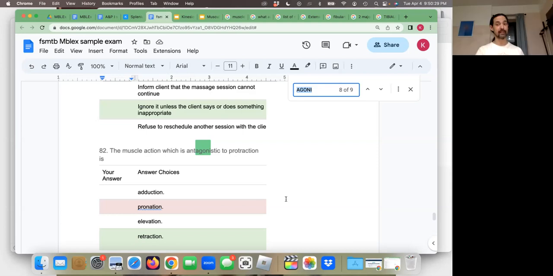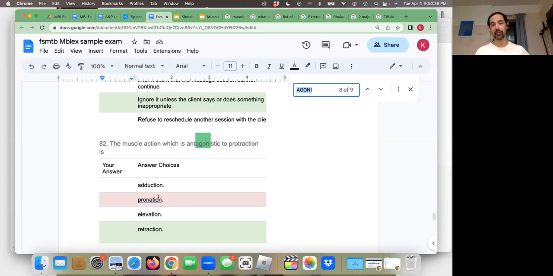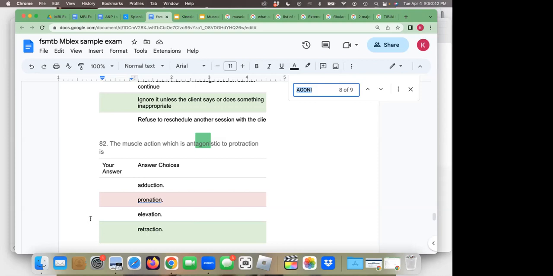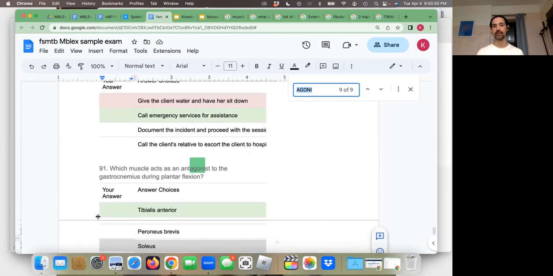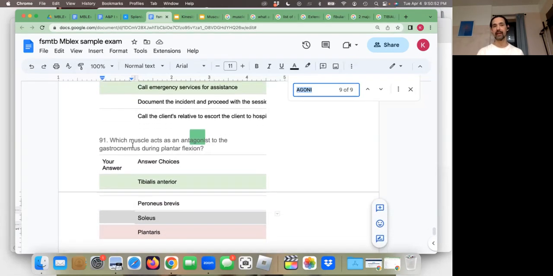The shoulder blades. Yes, great. So what's antagonistic to protraction? Adduction, pronation, elevation, or retraction? Retraction. Very good, retraction.